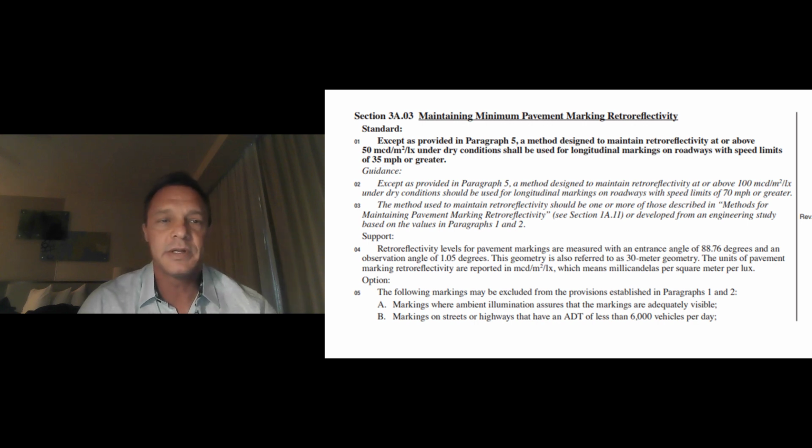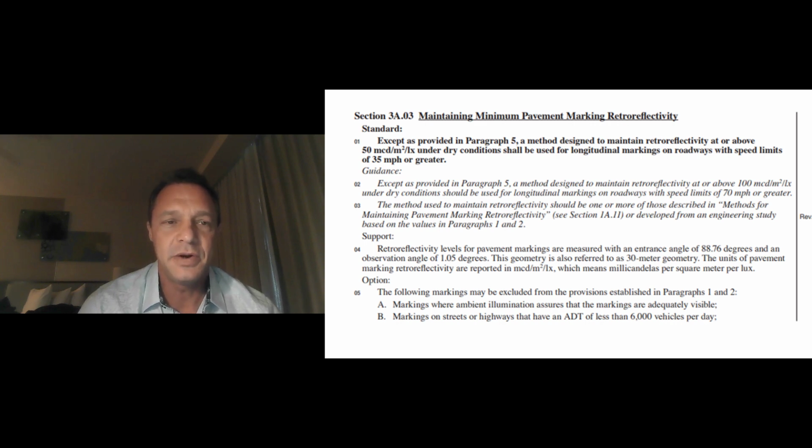So this is right out of the third edition of the 2009 MUTCD. And there's a lot of confusion here. And I think the easiest way to address the confusion is to show the language in the MUTCD. Because you hear people talk about this incorrectly all over the place. And so I just wanted to go to the source and let you read the source. So section 3A03 is where the details are.